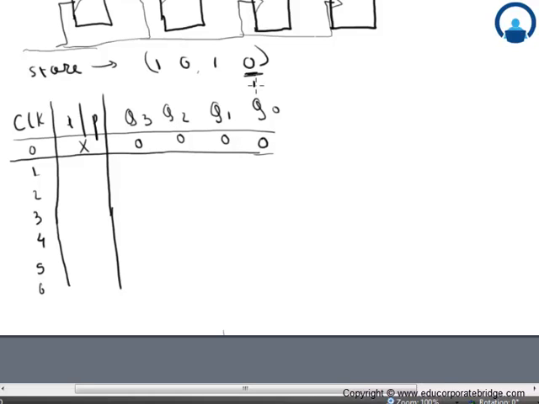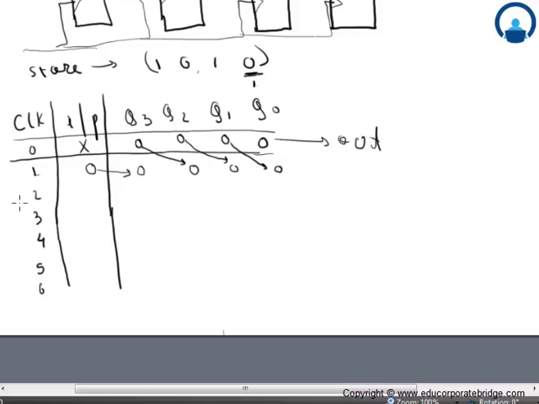So the working will be: this 0 moves here, this 0 shifts here, this 0 shifts to the next position, and this 0 shifts here. This 0 is out.